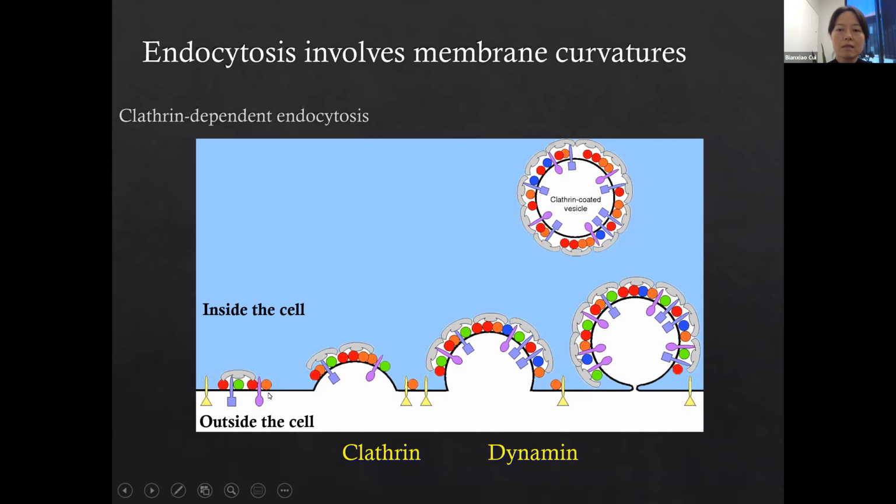Then as proteins assemble on the flat membrane, it deforms the cell membrane, and the curvature increases until a vesicle forms. Then Dynamin comes and severs the neck, and it becomes a vesicle. Several key proteins involved in this process are curvature sensitive, so we decided to look at them, starting with Clathrin and Dynamin, two of the most widely studied proteins in this process.